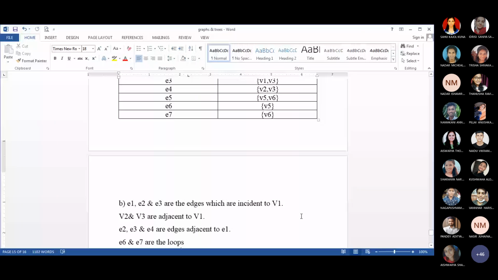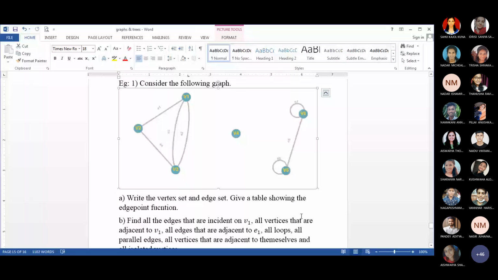So tell me, what would be the answer? E2, E3, E1. Very good. These are the three edges having V1 as an endpoint. Is it clear? Yes. Okay.